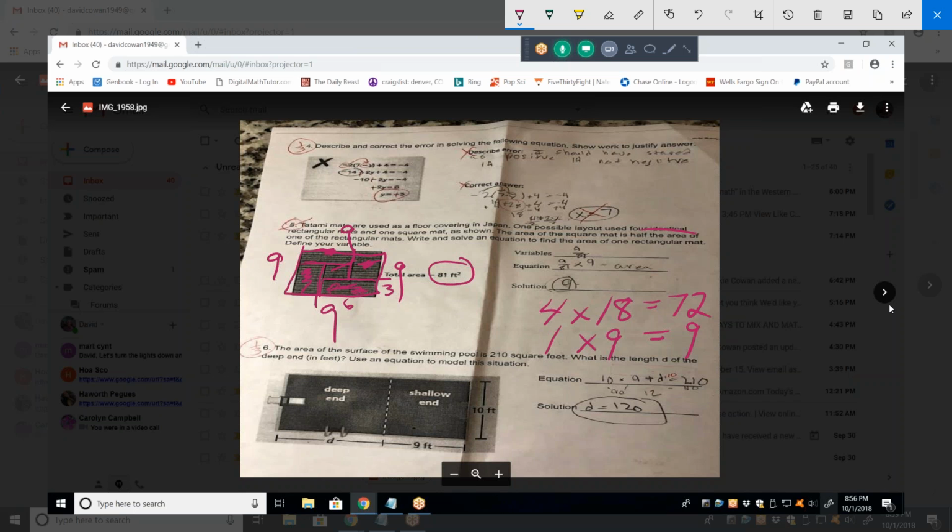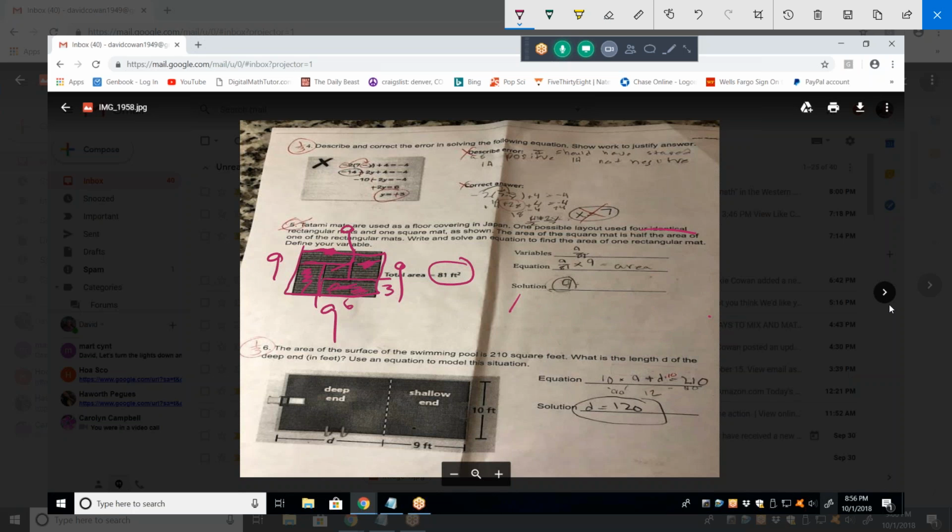The area of the square mat is half the area of one of the rectangular mats. Well, that's pretty easy.